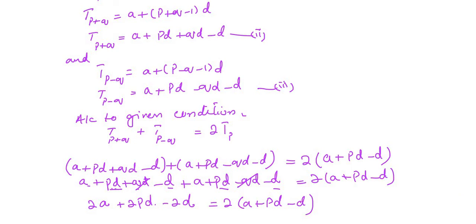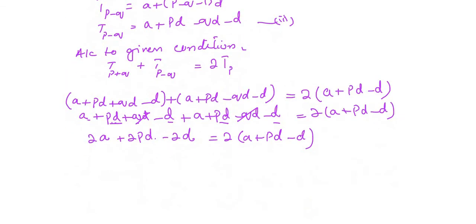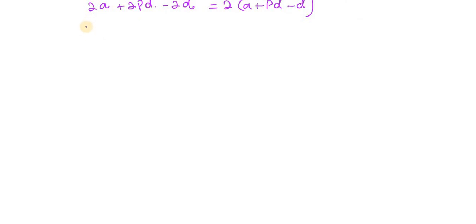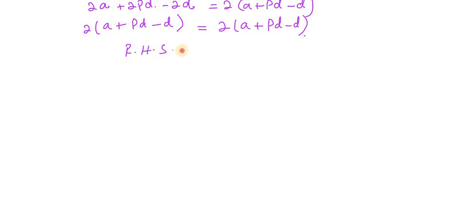We can take 2 as common: 2 times (A plus pD minus D) is equal to the right hand side. So the left hand side is equal to the right hand side.